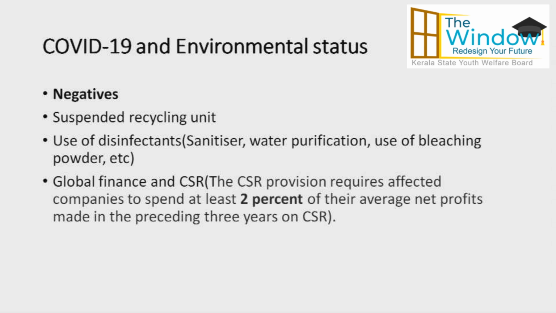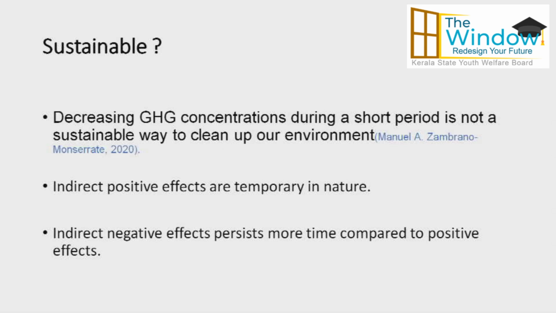So the allocation of fund is declining, which means the domestic waste, hospital waste and all other types of waste are increasing due to the COVID-19 pandemic. So from these two aspects we can see that there are some positive aspects and some negative aspects.